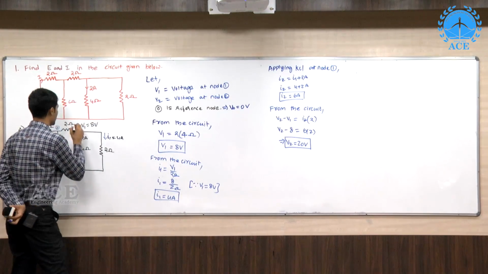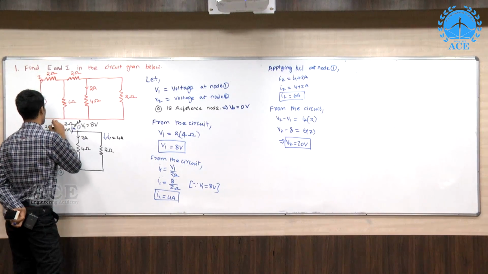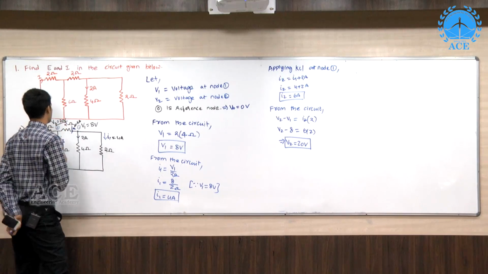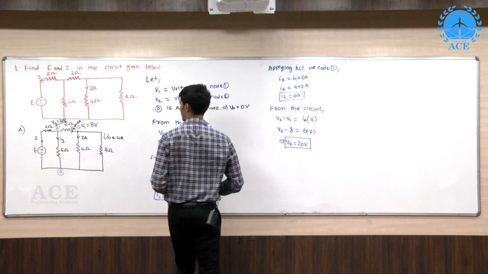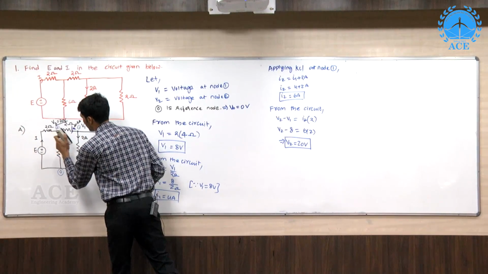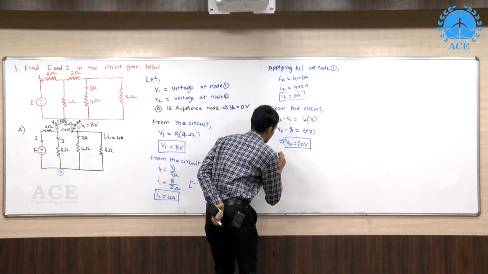Now we got I2 equal to how much? It is equal to 6 amperes, whereas V2 is equal to 20 volt. Now since we have the current through this resistor, we can find out the current through this resistor again from the circuit.